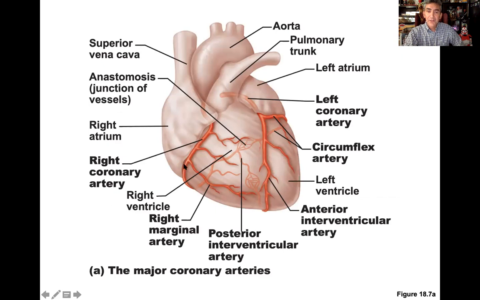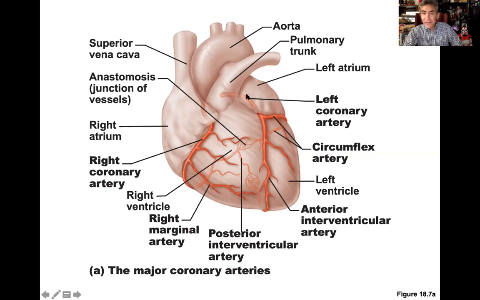So there's the right coronary artery going around, and then, surprise, surprise, we have the left coronary artery. I want you to see where they originate from. They originate right from that aorta. So we're leaving out of the aorta, and one of the first branches is right off of the aorta. So right and left coronary branches.